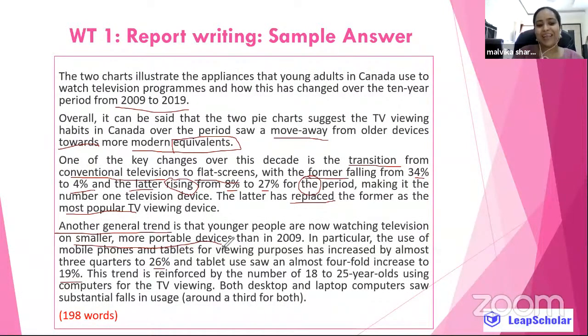Yes. So that is why we saw the movement towards those more modern equivalents. That is why we are saying the younger people are now watching television on smaller, more portable devices. What do you mean by portable? That you can carry those devices anywhere. You can carry your mobiles anywhere, your tablets anywhere. Okay, so smaller and more portable devices than in 2009.